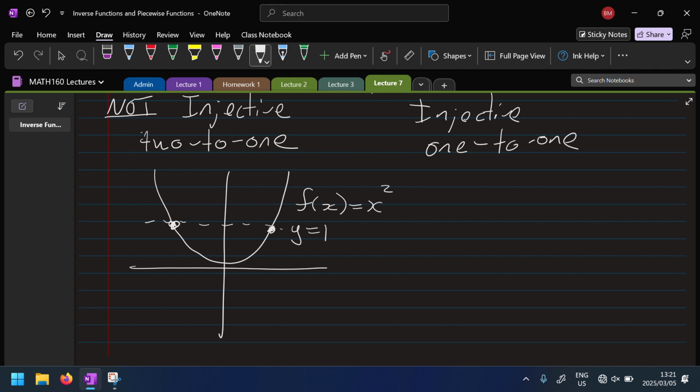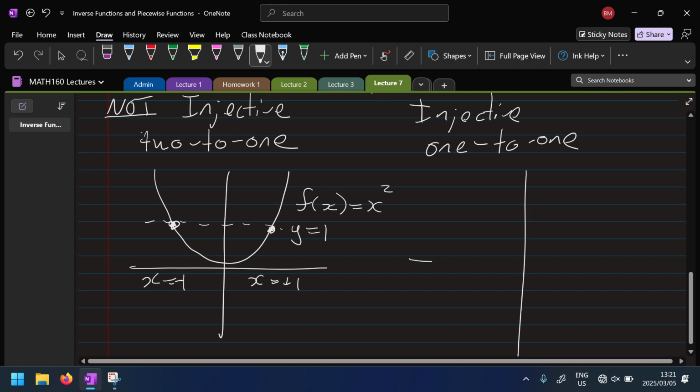If we look down at the x-axis, we see we have x equals minus 1 goes to 1, and x equals plus 1 also goes to 1. So 2 x values go to 1 y value, 2 to 1. This is not 1 to 1, so it's not injective.